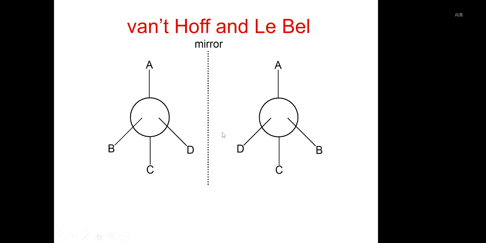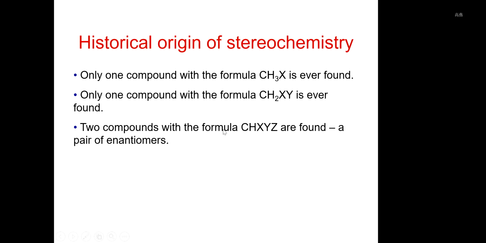How were stereoisomers found? In the past, people found only one compound with this formula, CH3X, where X represents any group other than carbon or hydrogen.